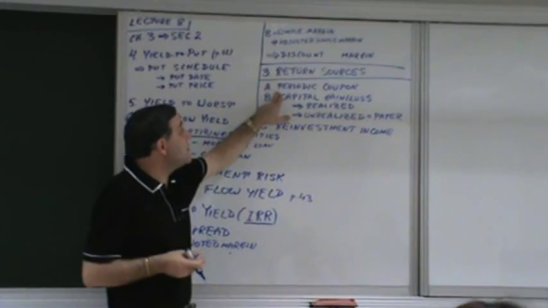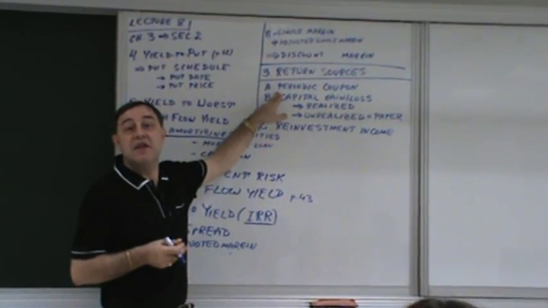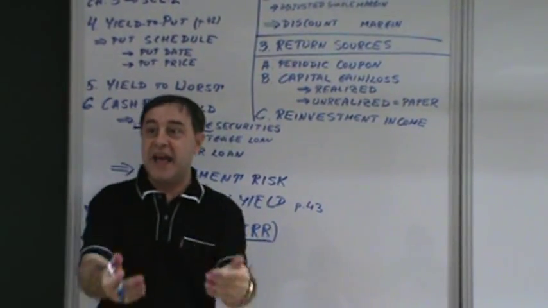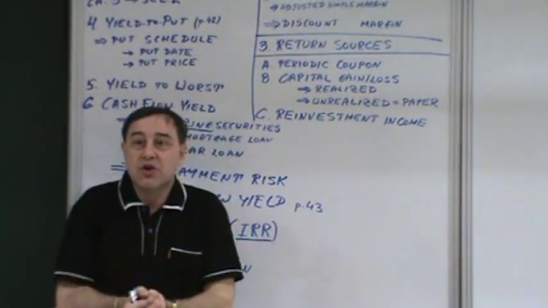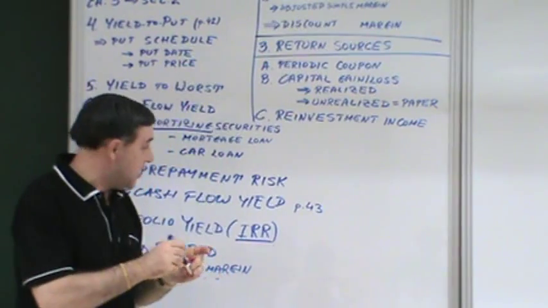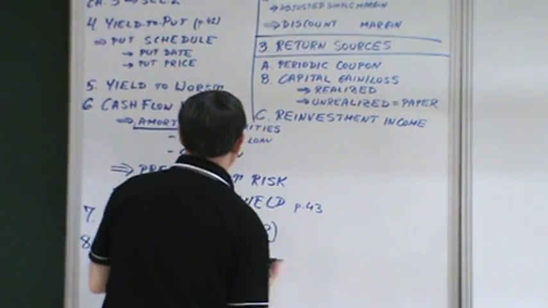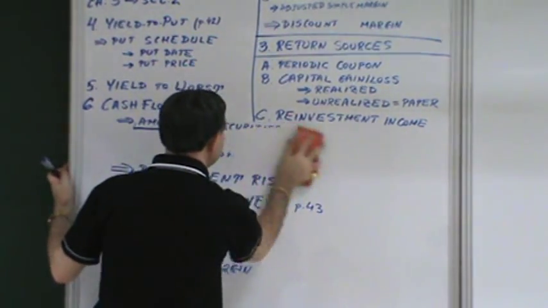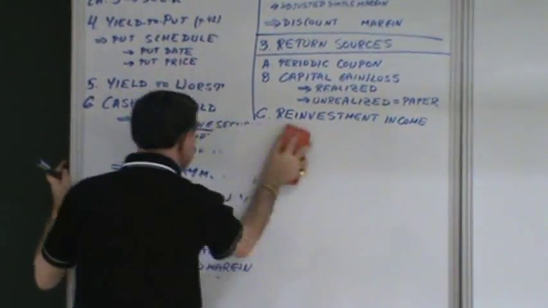It always happens also with the coupon. You have a coupon, when you cash in the coupon, you reinvest it again. Well, that reinvestment income, and let me delete this stuff over here to clear up some space for you.